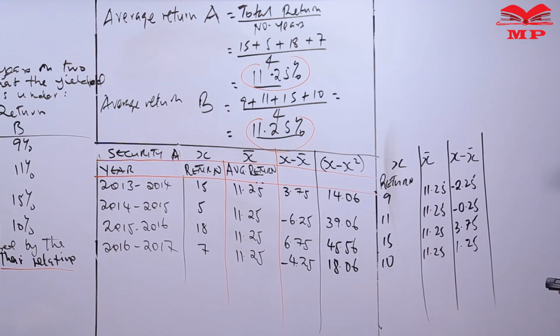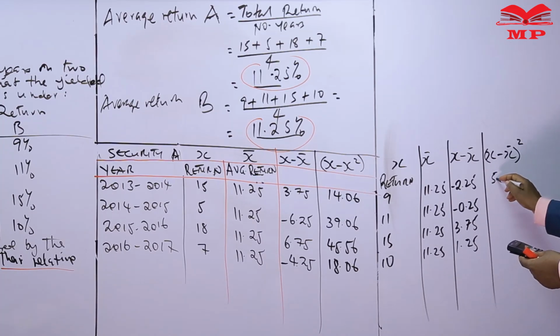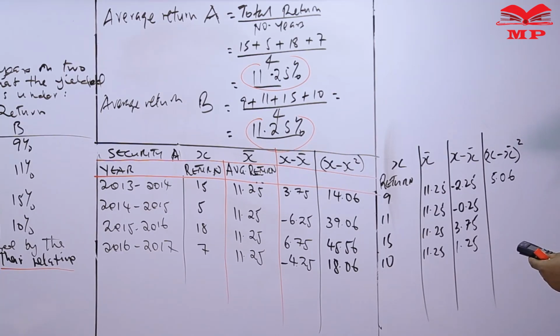So you can go ahead and square the deviations. 2.25 squared is 5.06. Next, 0.25 squared is 0.06.